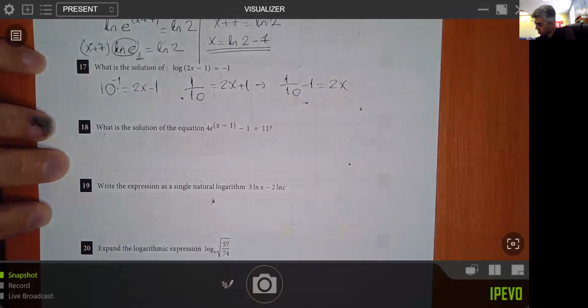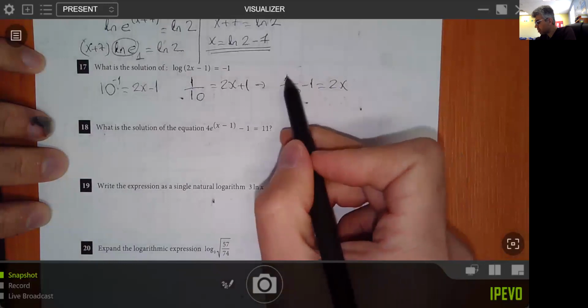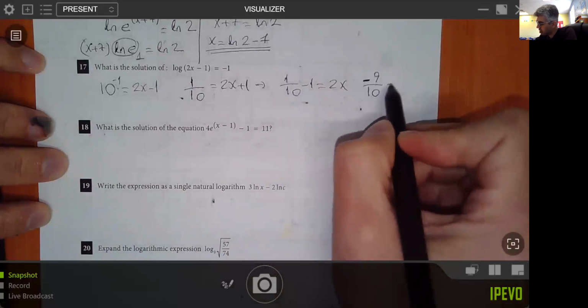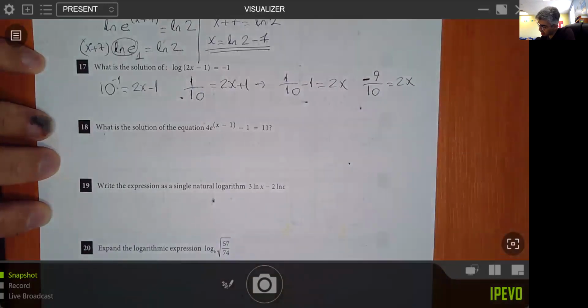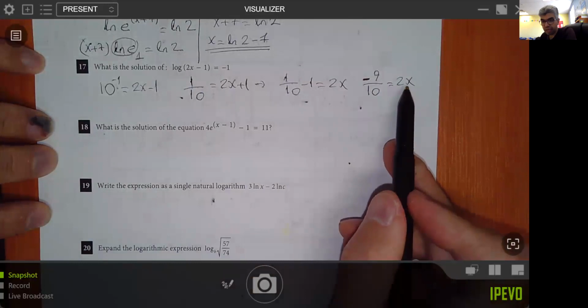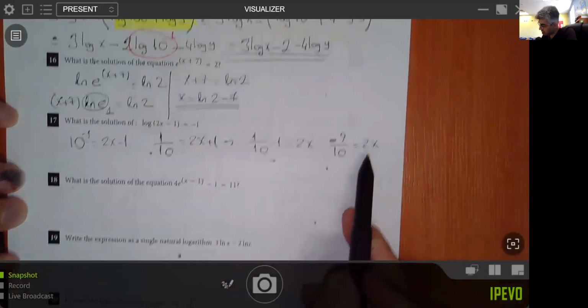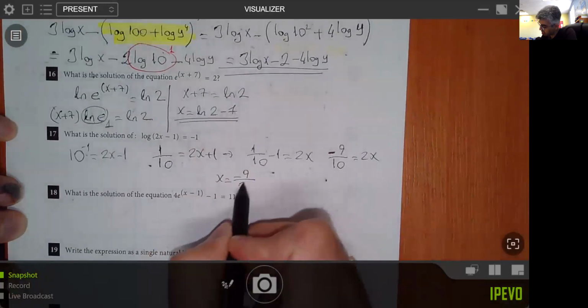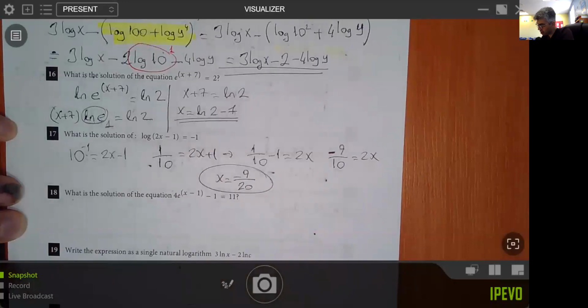If I make an equal denominator, it is 1 over 10 minus 10 over 10, it's minus 9 over 10, equal to 2x. To find x, I divide both sides by 2, and x will be equal to negative 9 over 20. All right, that is the answer for x.